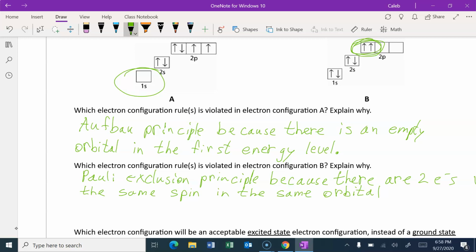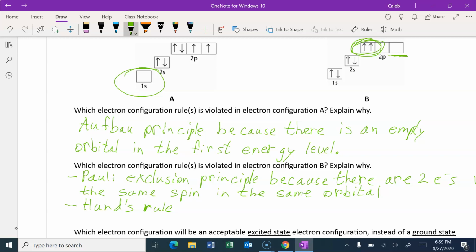I also hope you noticed there's another rule that was being violated. So if you wrote something else, you probably just caught the other rule. There's another rule that's violated here, and it's Hund's rule. Because there's empty seats on this bus, and we doubled up before the whole bus was full.